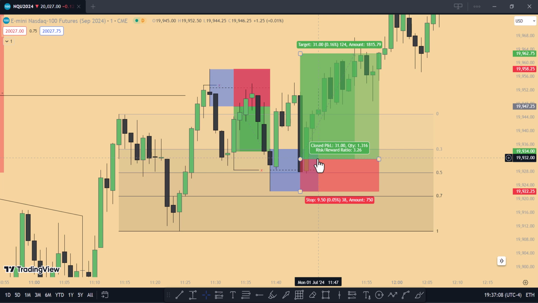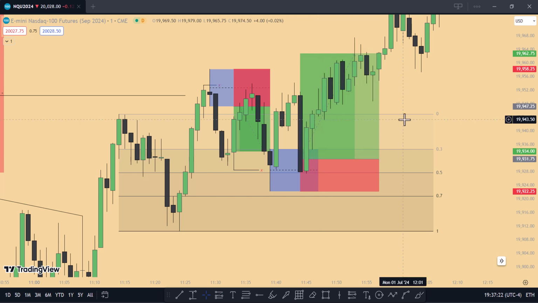But whenever you see your model's setup, you take that trade, because sometimes your model will not print a setup for the whole AM session or for the whole day. Sometimes it will print 3 setups in a matter of half an hour. So whenever you see a setup, take it.